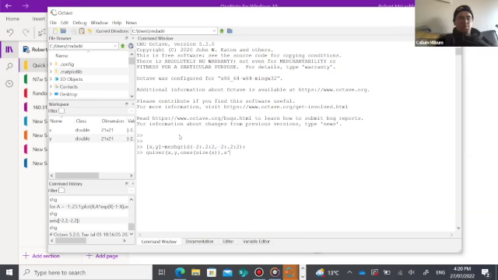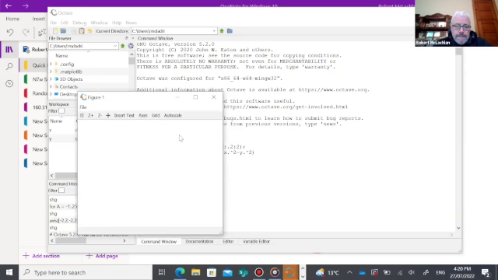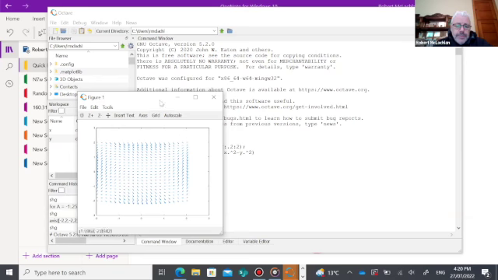You just want to square each element of the matrix X by itself, and that's just X dot. There we go.